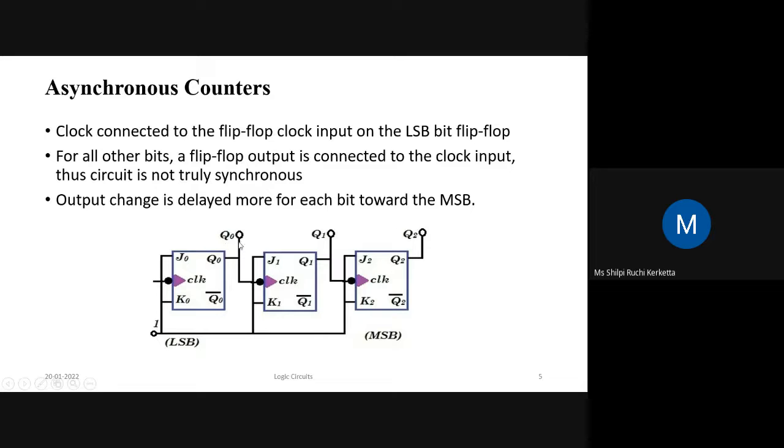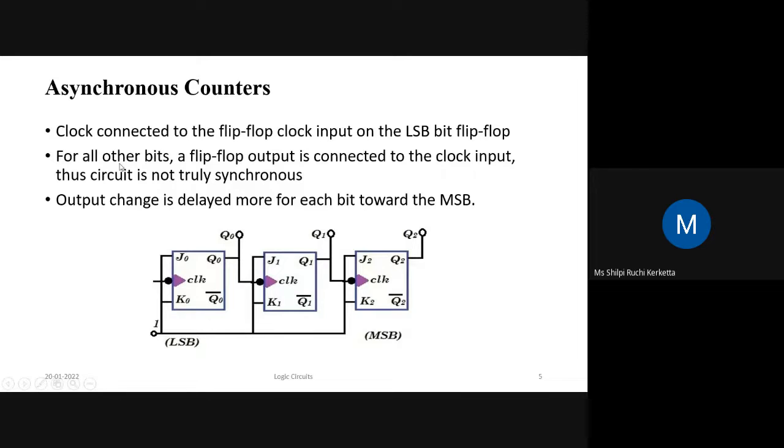So this is the least significant bit, and this is the most significant bit. This is how we construct the circuit for an asynchronous counter. For 1 bit, there is only one flip flop. For 2 bits, there are two flip flops, and this is a 3-bit asynchronous counter, so we have three flip flops. If we had four bits, we would have four flip flops. This is how we will do the counting.